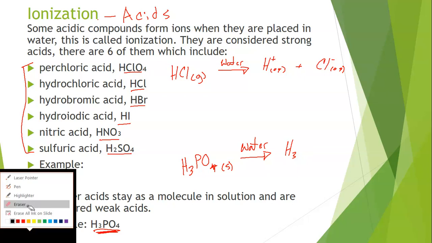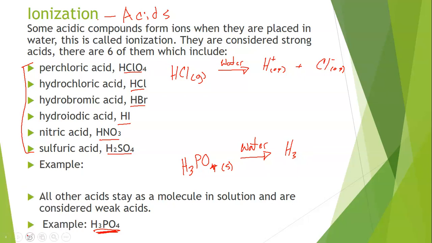It does not create ions when it's a weak acid. Weak acids stay together. Notice how this one splits apart into those ions. This stays together as a compound. This is weak down here, and this is a strong acid. So make sure you can identify your strong acids and weak acids.